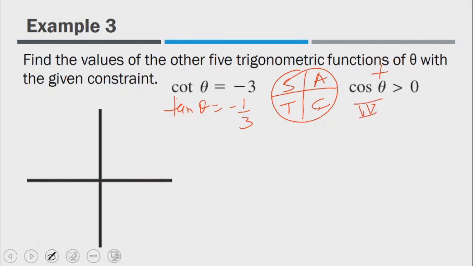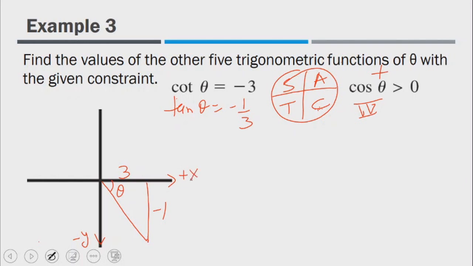So let's draw the reference triangle in quadrant 4. That's our theta. In this case, the opposite is going to be negative 1 and the adjacent will be positive 3, because we are in the negative y direction and the positive x direction in the fourth quadrant.